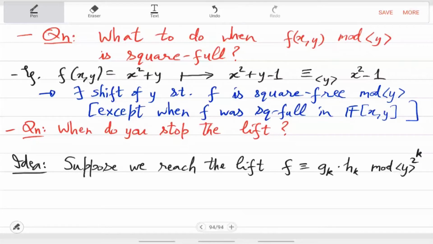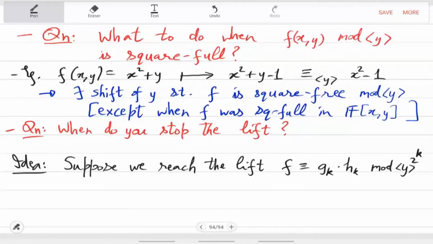Now if f had a non-trivial factor, the question you have to ask here is whether gk corresponds to some actual factor of f, right, without the mod. That may not be the case, but you know that if f had an actual factor, there was a starting point which would have led to a good gk, and the converse of that is that if at this point you have a gk, maybe you can construct an actual factor by modifying gk.